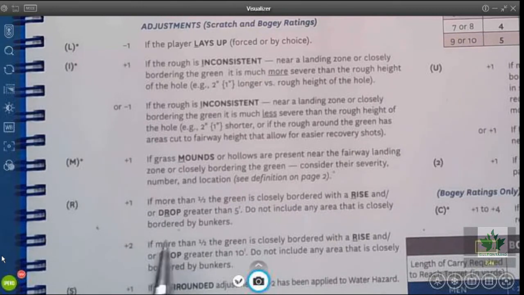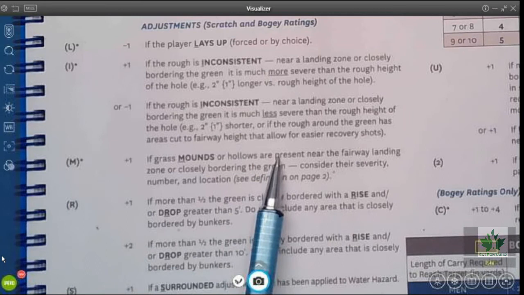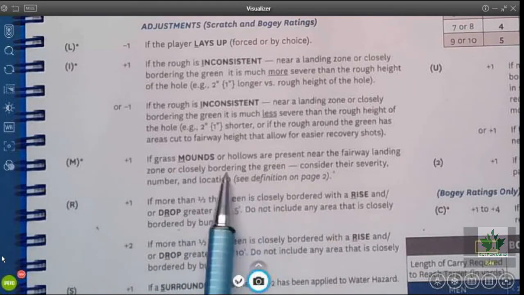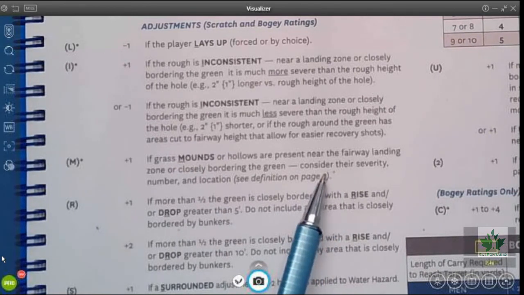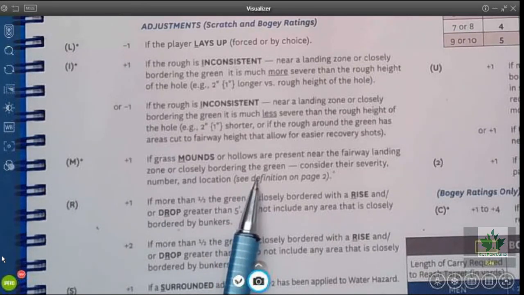So the adjustment for mounding or hollows, a hollow is an inverse mound, so it's just as difficult when you're in a hollow, either near the fairway landing zone or closely bordering the green. In other words, the places you'll be hitting from if you miss your target, qualify for an adjustment of +1. It becomes much more difficult to recover from there, therefore warrants a higher obstacle value.